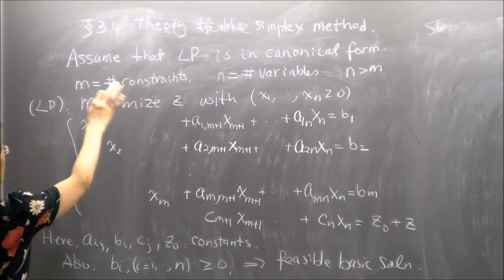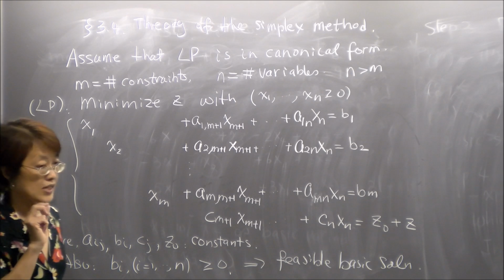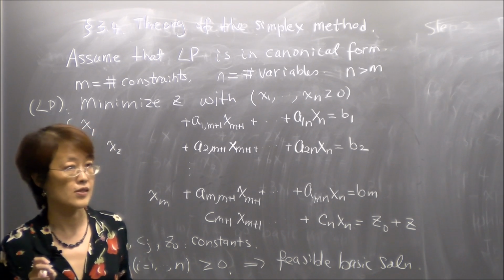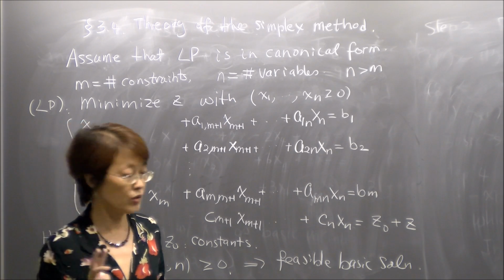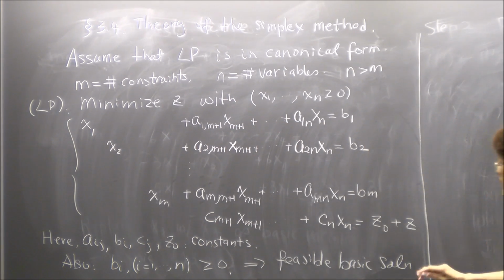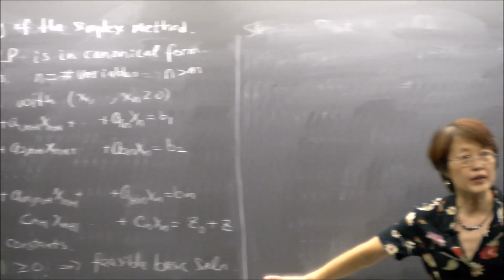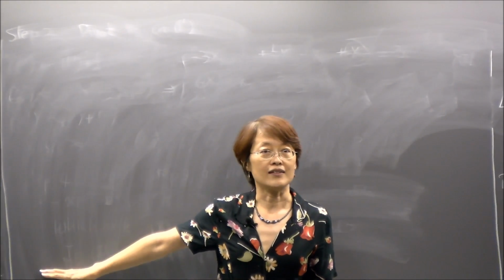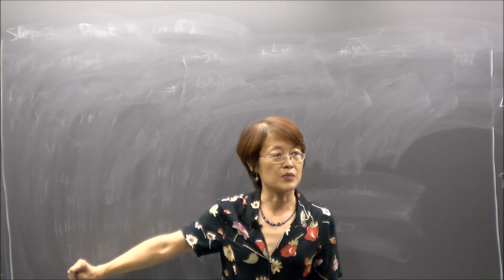So now, this here will be the starting point for the simplex algorithm. We know how to find such a feasible basic solution is a big deal, and we'll deal with that later. Assuming we have it, let's see what we can do.